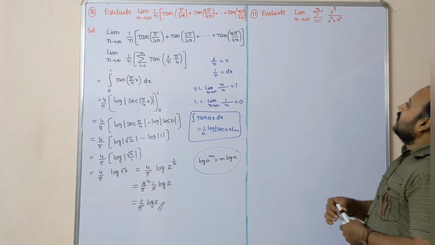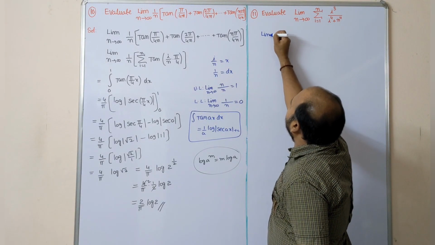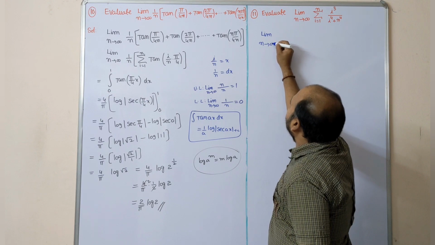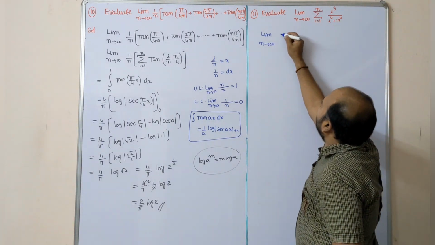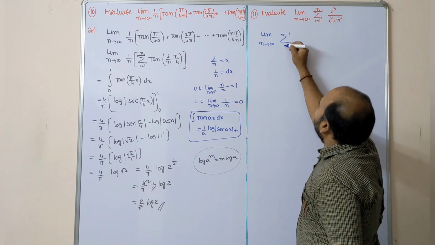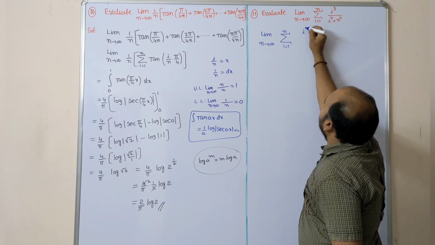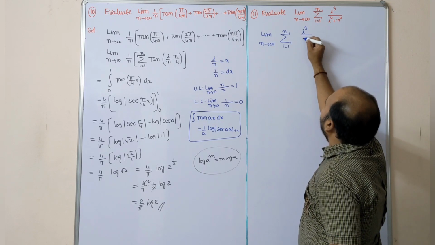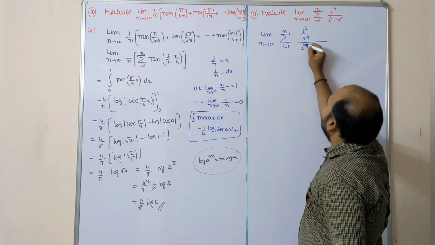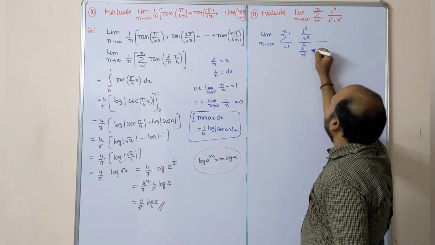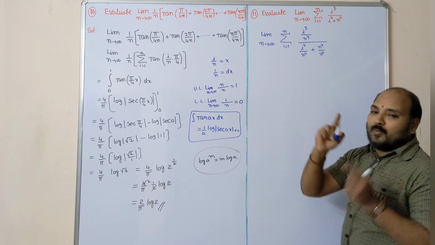Limit n tends to infinity, sigma i equal to 1 to n, i power 3 divided by n power 4, whole divided by i power 4 by n power 4 plus n power 4 divided by n power 4. I hope everyone understands.